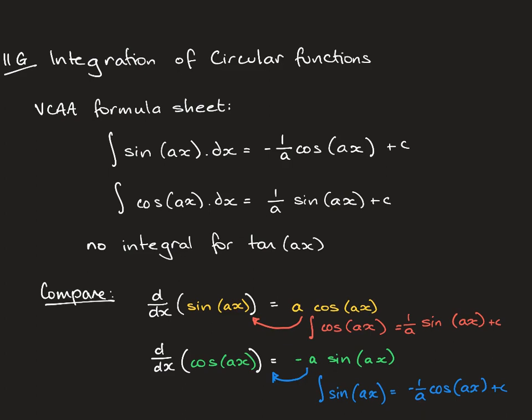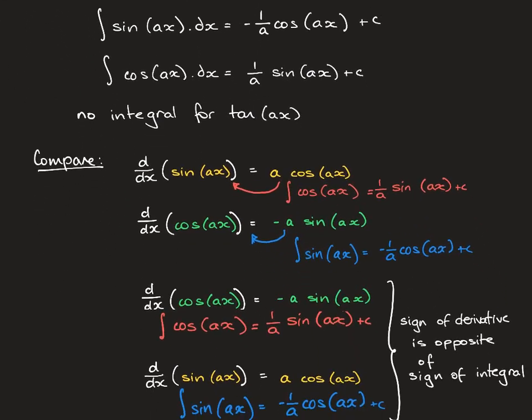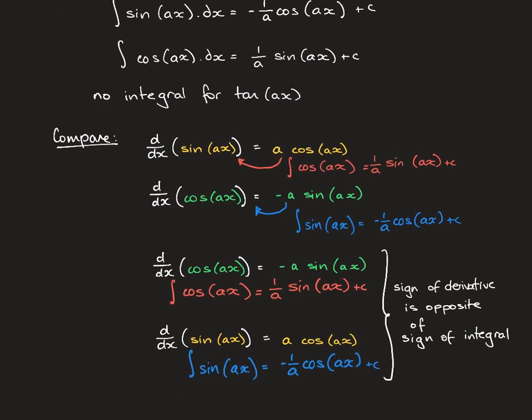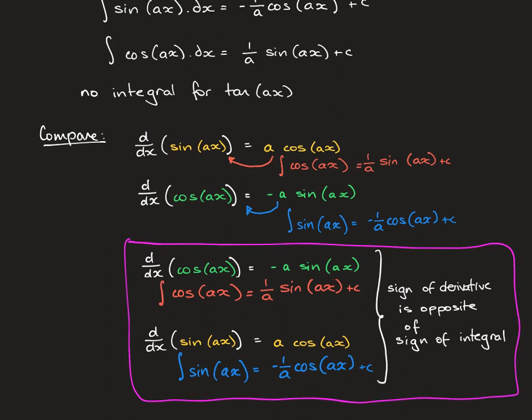What that actually means, and one of the common things that students get mixed up with, is that when you compare the derivative and the integral of your trig functions for sine and cos, the sign is opposite.